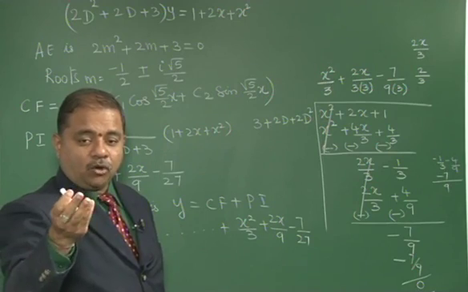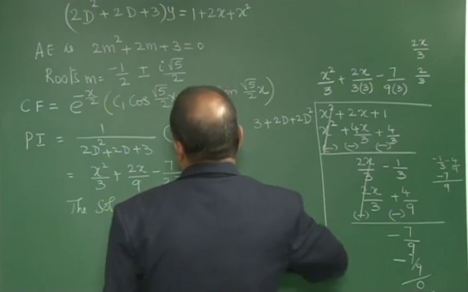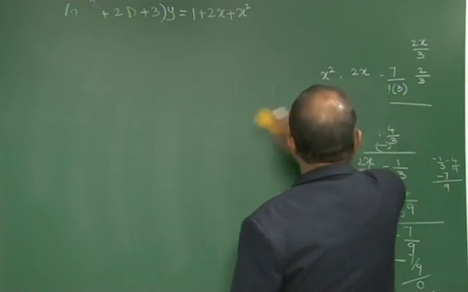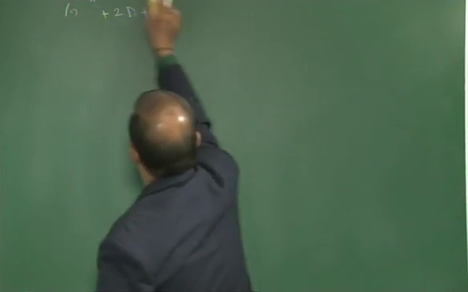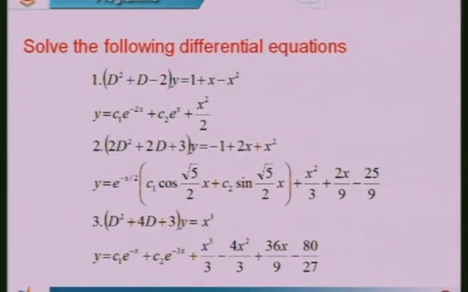Like that, one more problem we have given, changing the power; we have taken x cube. Division should be done with x cube. (D square plus 4D plus 3) y is equal to x cube.